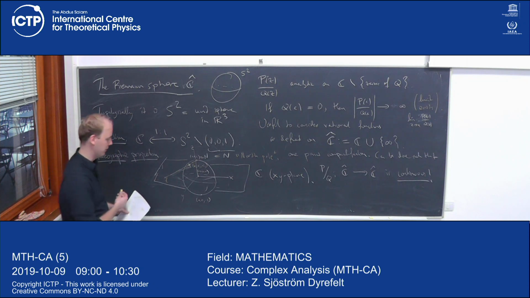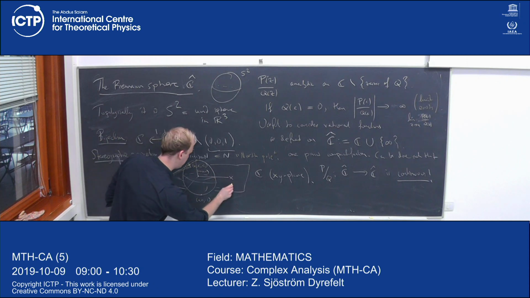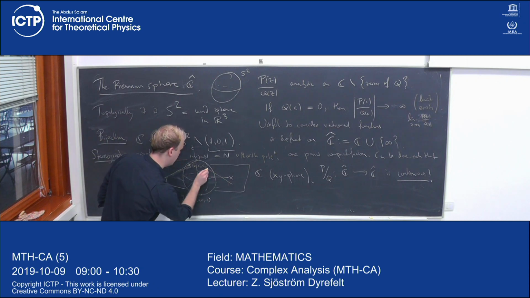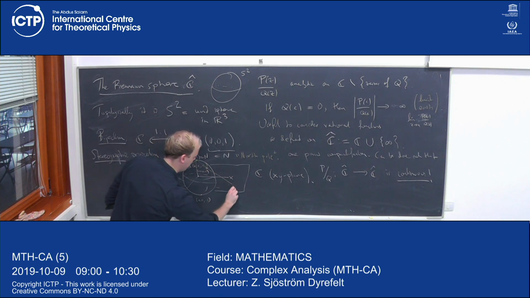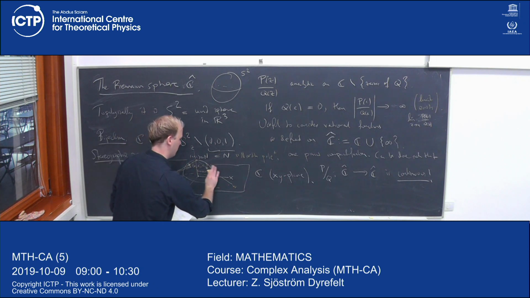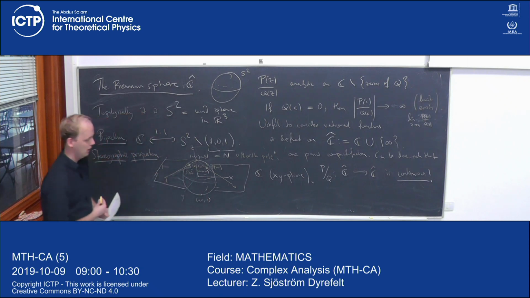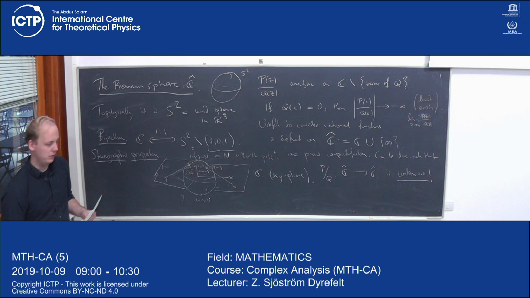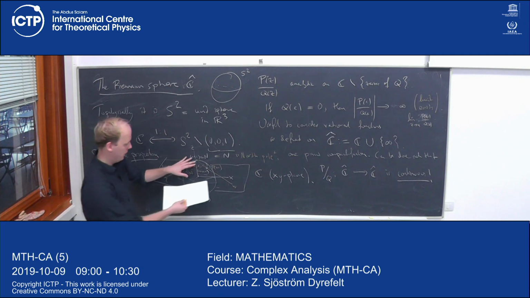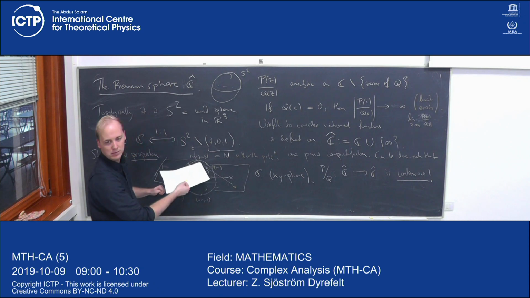This is very clear. If I take another point over here, or over here, then I will have this line, and it will cross into here somewhere, and I identify this W with this point here, which I will call the image under stereographic projection, S of W, and this is S of Z. Okay? So you can see that the farther away you go, the closer you come to the North Pole, right?